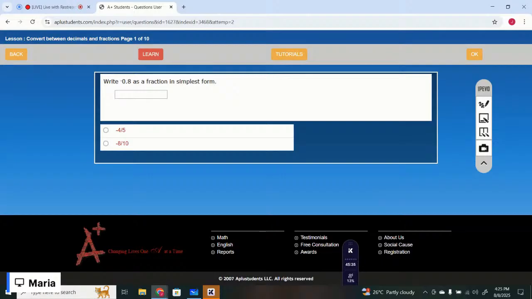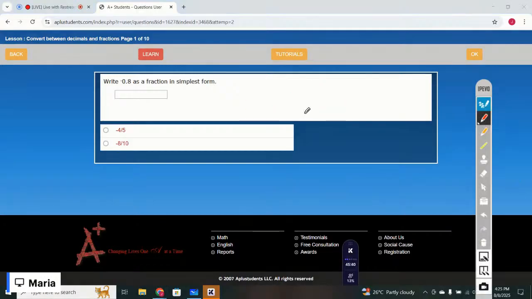It would be -8 over 1 with one decimal place after the decimal, so it would be -8 over 10. Number 2 is the correct option.